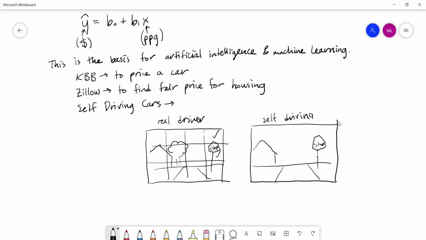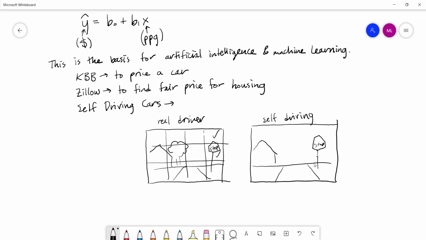So it basically has a camera that takes in these real images in real time and interprets them based on input from human drivers to decide what decisions should be made in a novel situation. This road is a new road that the real driver never went on, but it's similar enough. They use the data from the real road to make decisions about what should be done in this case, to make predictions. So this is the power of the idea of regression.